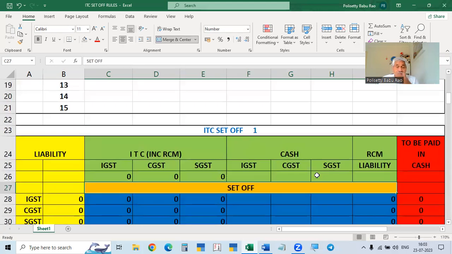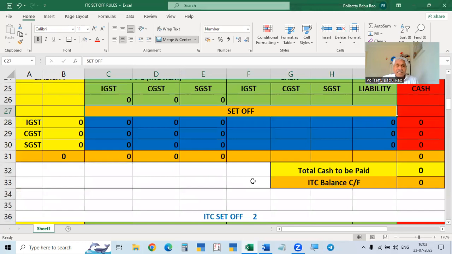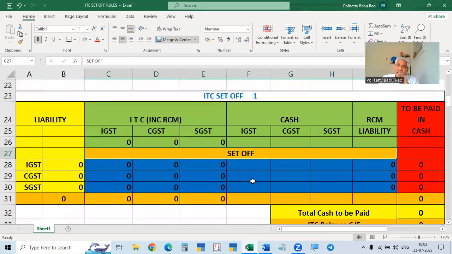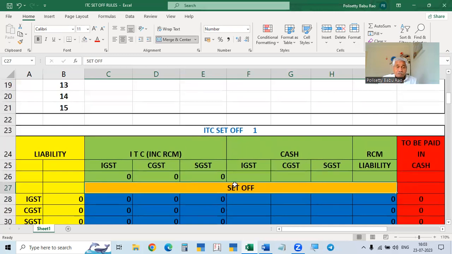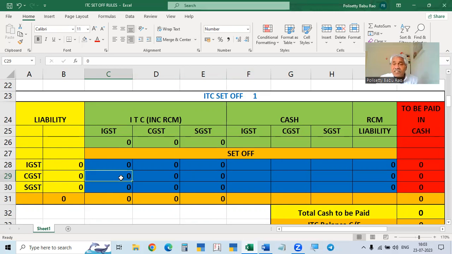In the portal itself, it will automatically do this as per the rule: first IGST, then SGST, CGST. First of all, it will set off against IGST, and whatever balance is there, whatever the amount of liability for CGST, the balance total it will adjust against CGST. It will not go to SGST. Like this it will do.